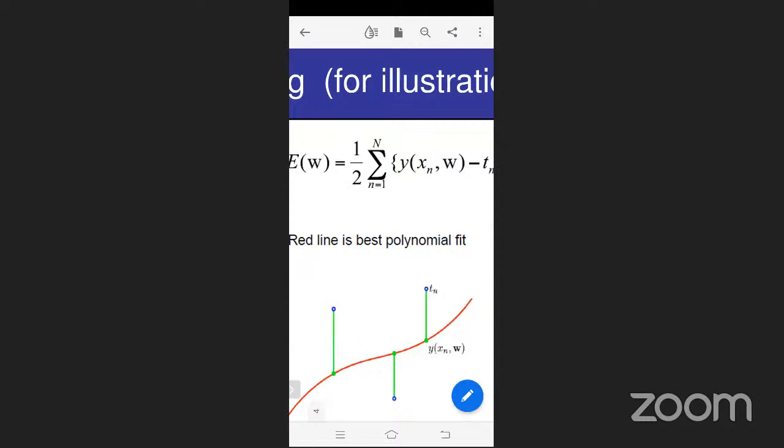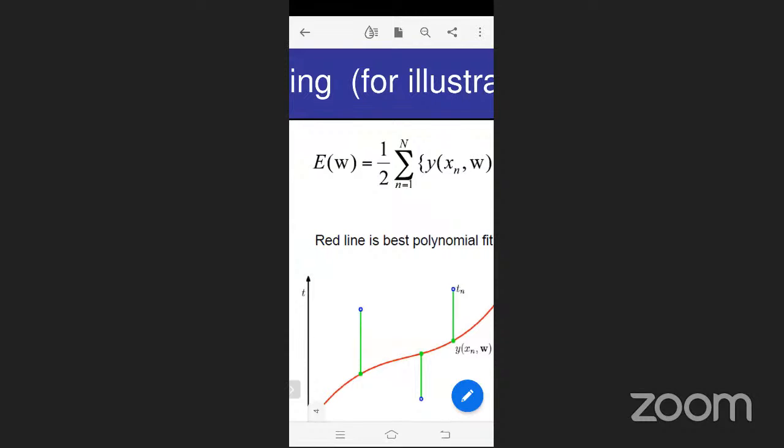Now please tell me, how many variables does this function have? Two variables in this example, but in general, m variables, w1, w2 to wm.